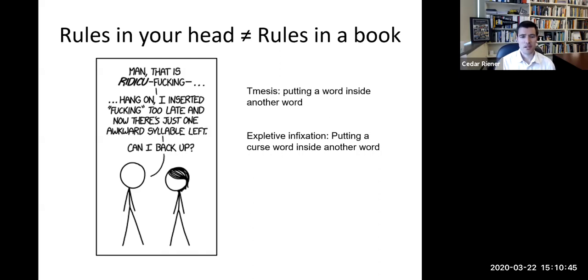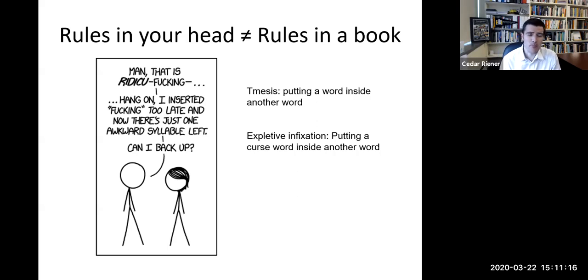This is a cartoon from XKCD written by Randall Munroe, and he's noting that when we add a curse word in the middle of another word, there's actually a set of rules about where that word belongs. This is an example of a linguistic concept called tmesis, which is when we're putting a word inside another word.